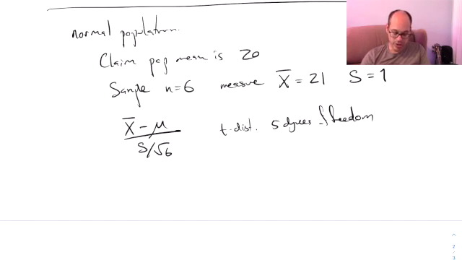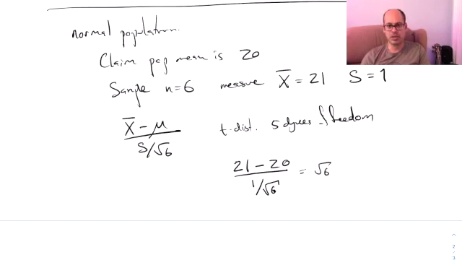What did we just do? We measured that x bar was 21. We're claiming the population mean is 20. And we have 1 divided by the square root of 6. So that's 1 divided by 1 over the square root of 6, which is the square root of 6.